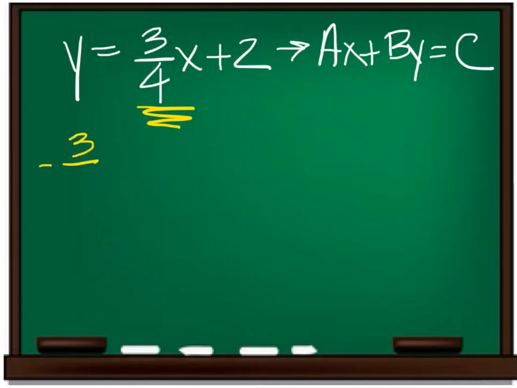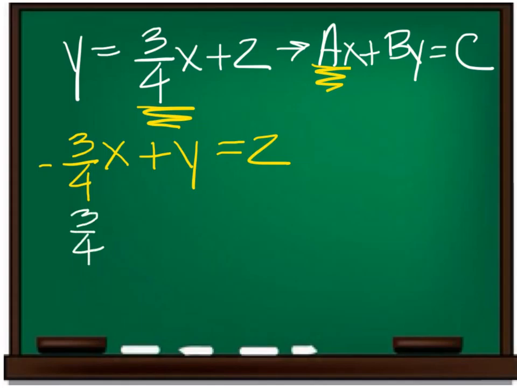That would be a negative 3/4 x plus y equals 2. As part of standard form, you cannot have a negative number on the a term. You also cannot have fractions in the standard form. So you must get rid of the negative sign. You can do that easily by just changing the sign of everything.